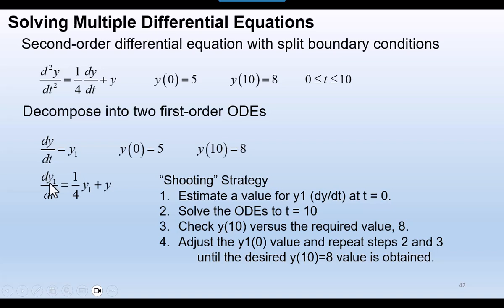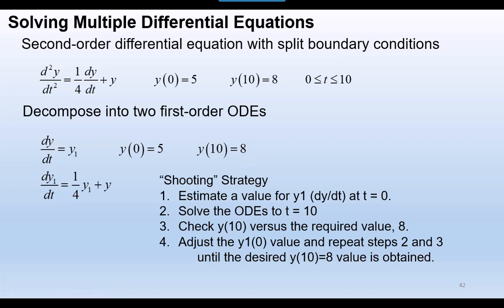If we have a value for y1 and y, then we can solve this with initial value here, and we can solve it to y equals 10. But the problem we'll run into is that the value of y will not be equal to 8 then. So we have to come back and change our estimate of y1, solve it again until we meet this condition at the end, all right?